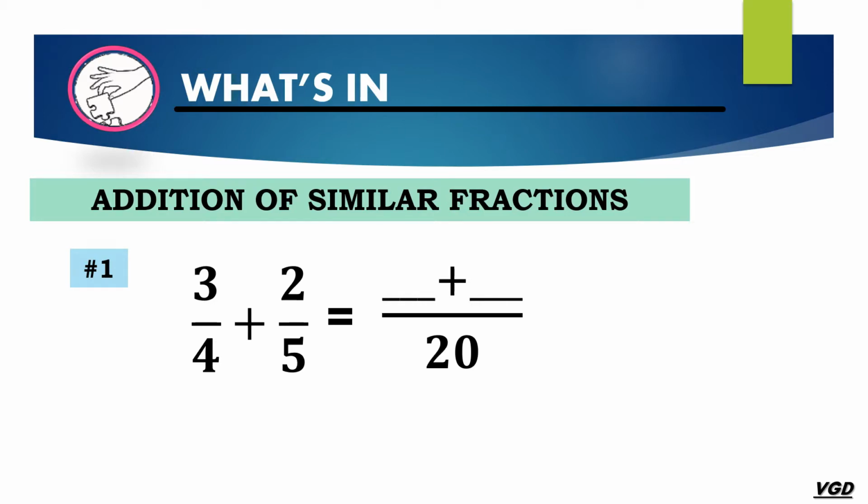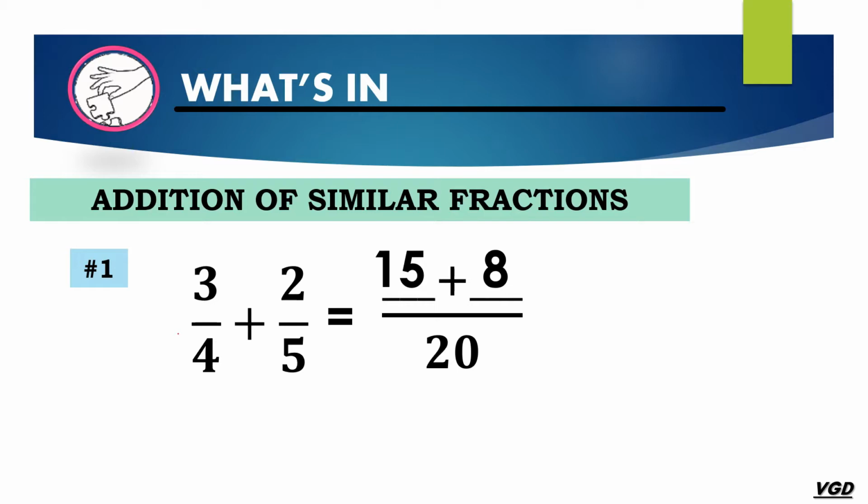And this time, let's evaluate both fractions. So 20 divided by 4 is equal to 5 times 3 is equal to 15. Now let's divide 20 divided by 5 is equal to 4 times 2 is equal to 8.